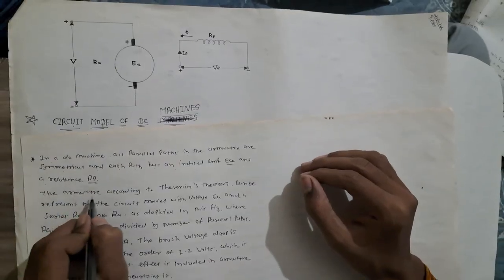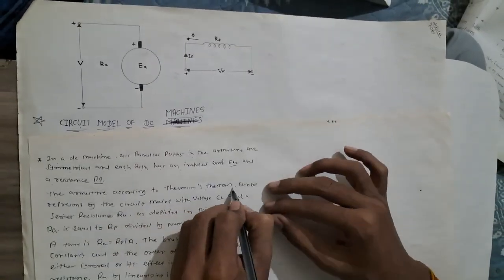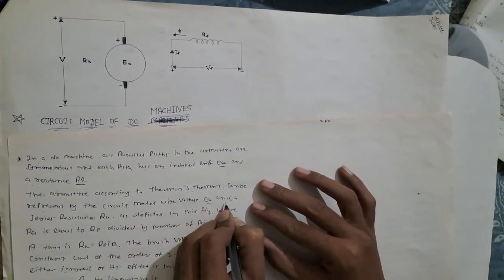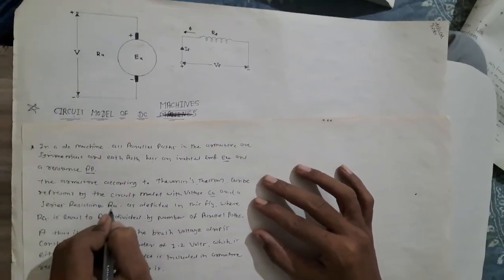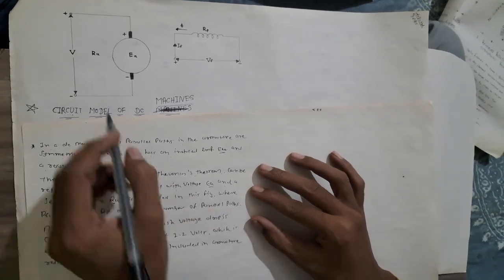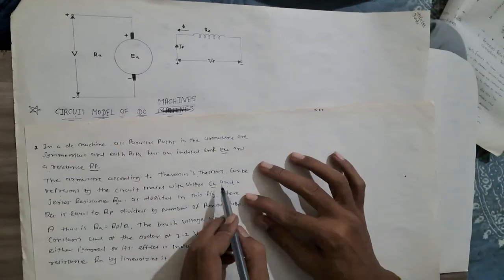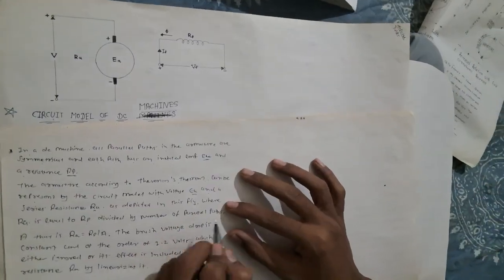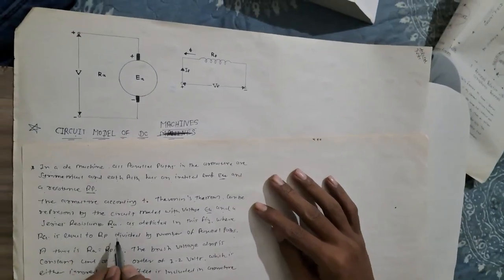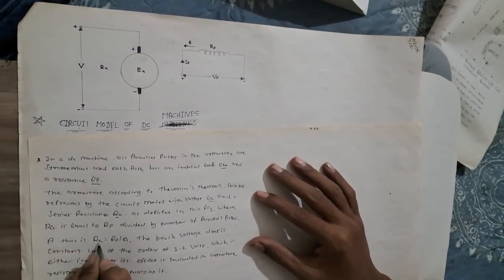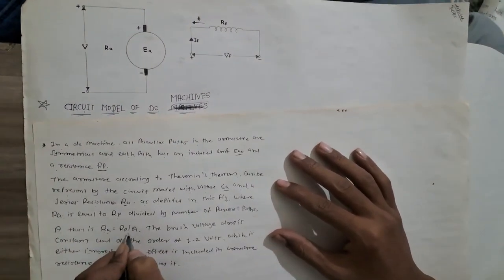The armature, according to Thevenin's theorem, can be represented by the circuit model with voltage EA and a series resistance RA, as depicted in this figure, where RA is equal to RP divided by the number of parallel paths A, that is RA = RP/A.